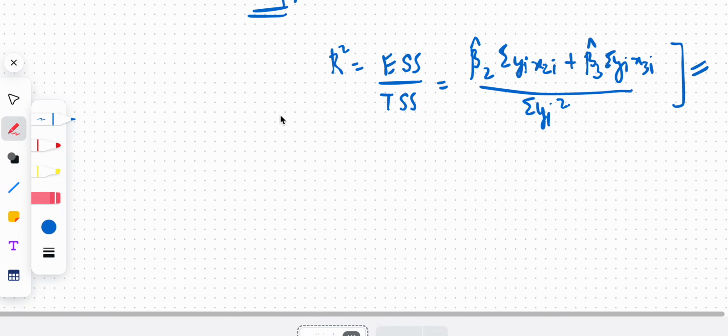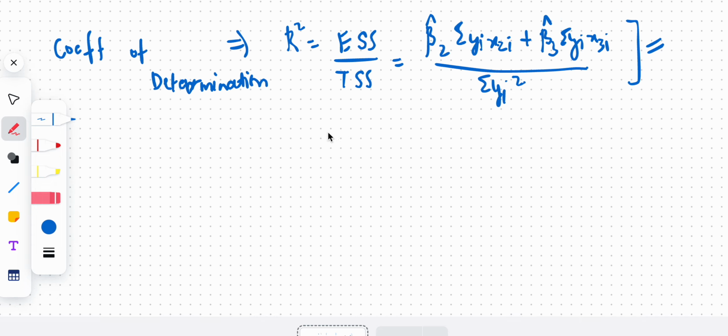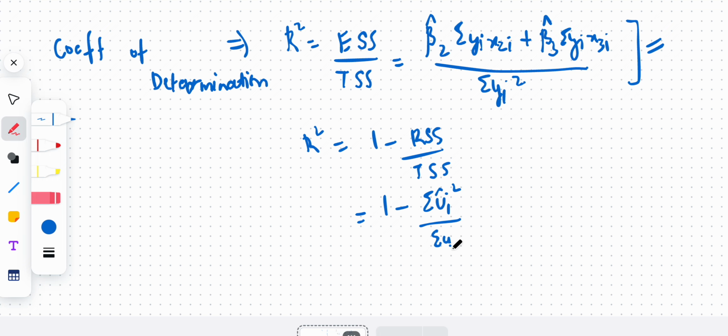We know this was my coefficient of determination. In simple words this can also be written as 1 minus RSS over TSS, that is 1 minus summation ui cap square over summation yi square, right?